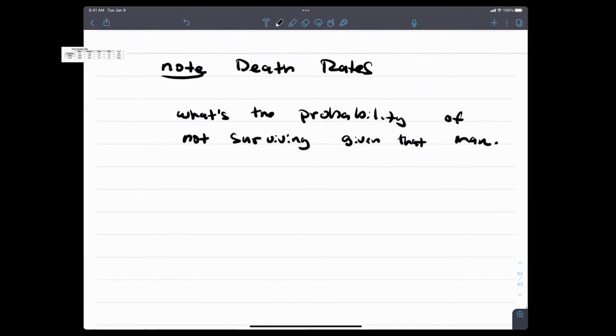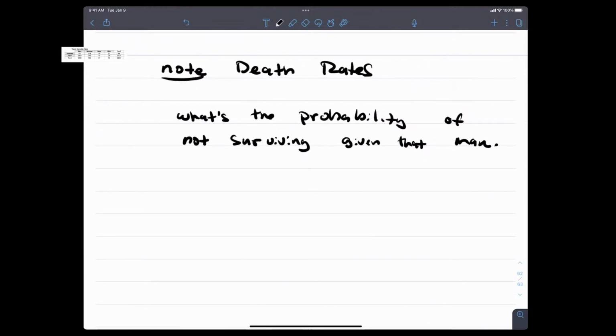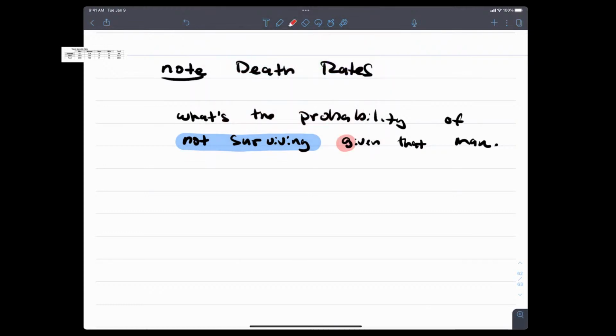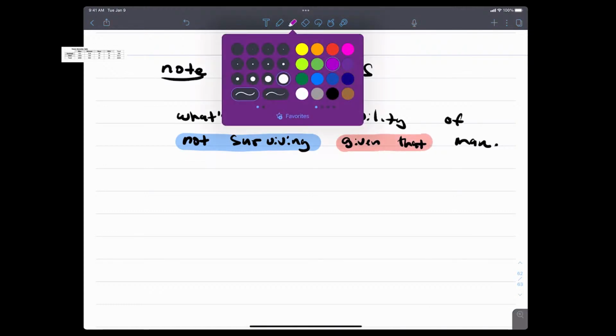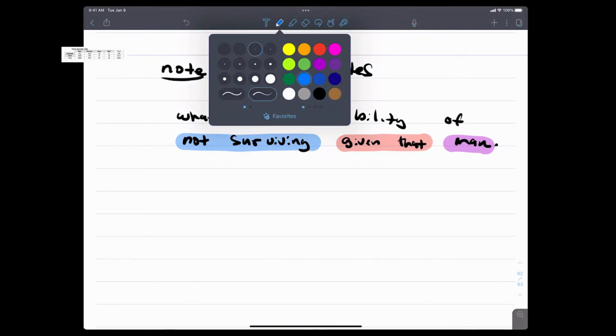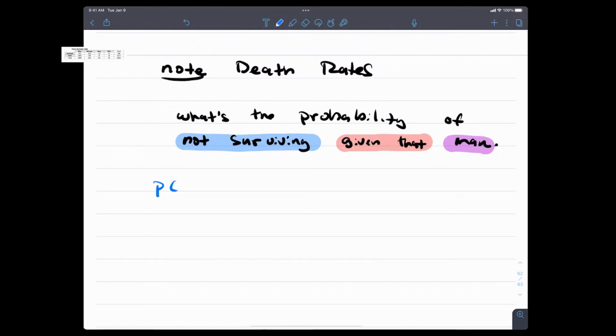So just to show you the idea that knowing your definition is everything, right? The probability of not surviving, given, it's a conditional probability, given that you're who? That you're a man. What does not surviving mean? Do you guys know what not surviving is? That's dying.